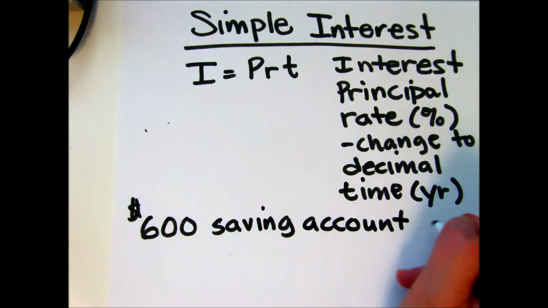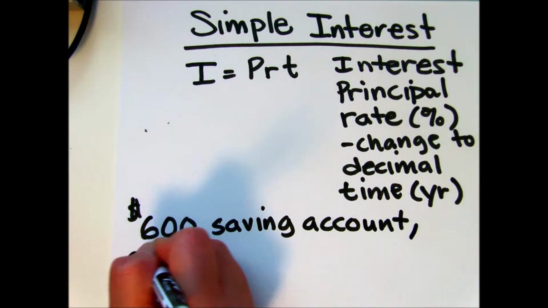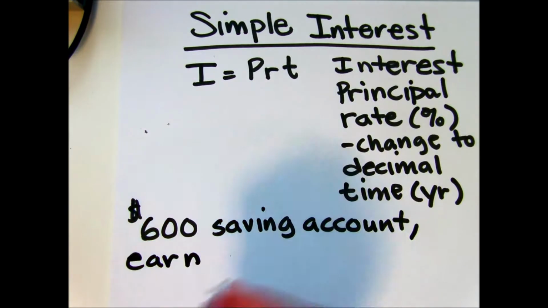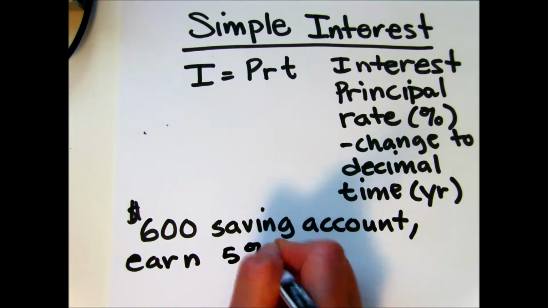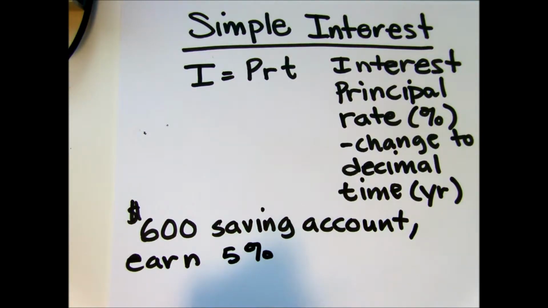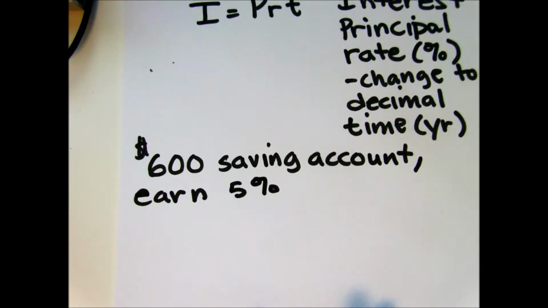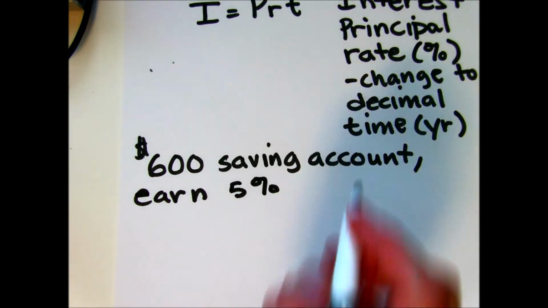So we're going to earn 5% if we keep that $600 in there the whole time. Now we decide to keep the $600 in the bank for 2 years.